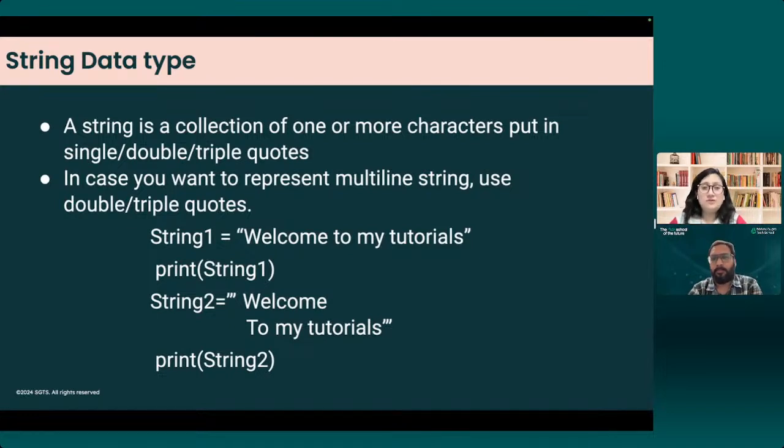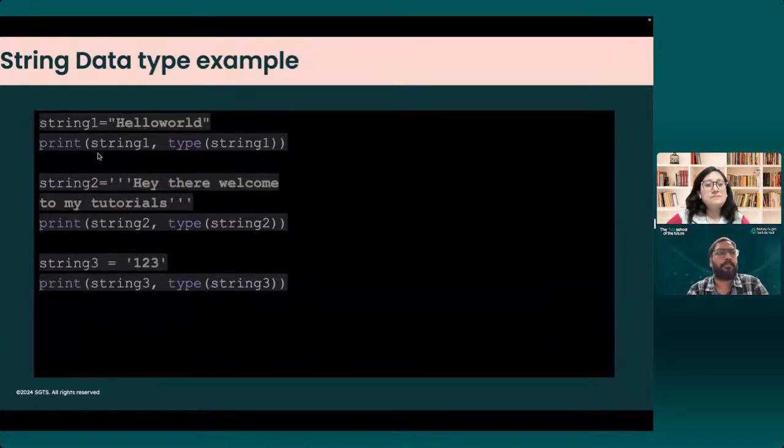That is how triple quotes work. In case you want to represent multi-line strings, you have to use triple quotes. Double quotes would also work, but in that case, spaces can be modified. But in triple quotes, as and when you give the paragraph spaces, that is going to be taken into account. So we'll see how the strings would go.